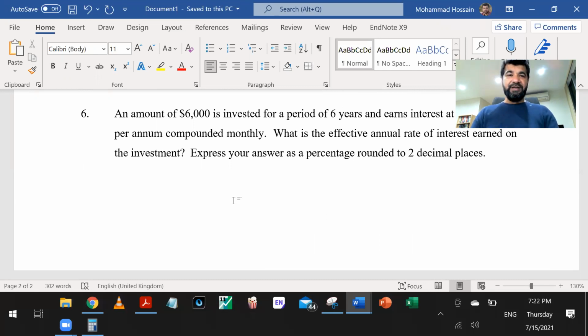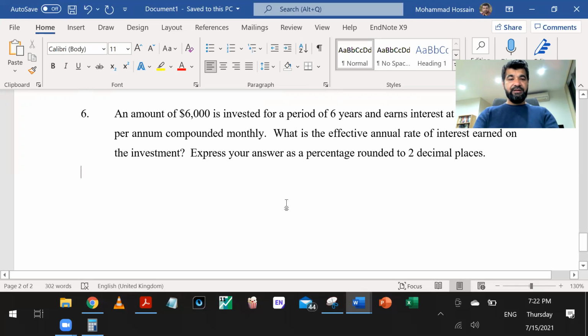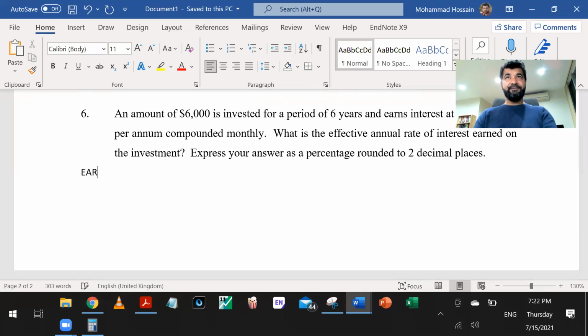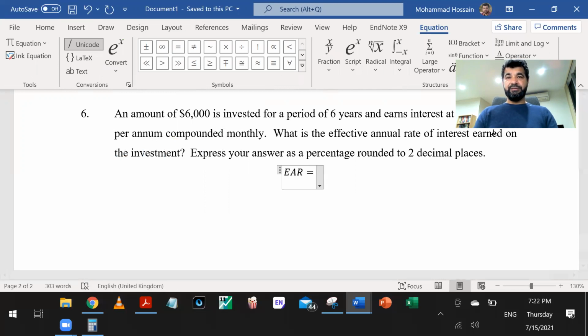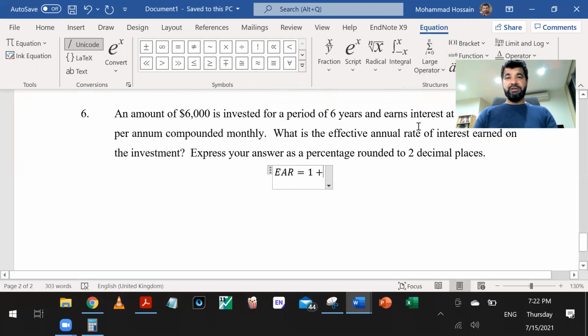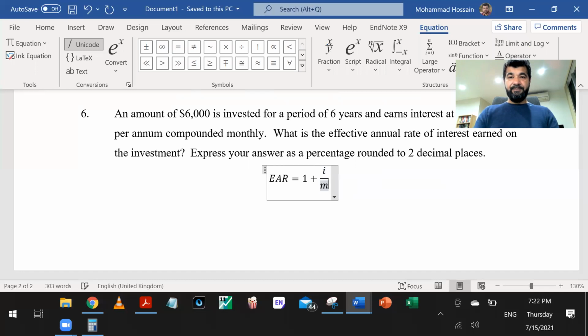Okay, so the formula here is equal to this. EAR is equal to 1 plus i over m, all to the power of m, minus 1.